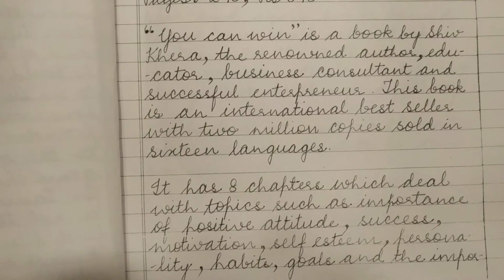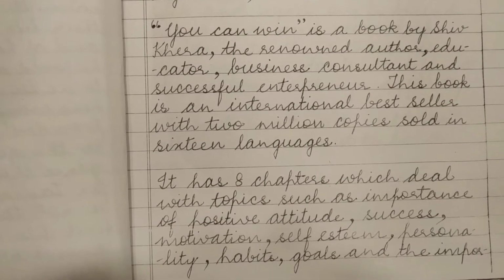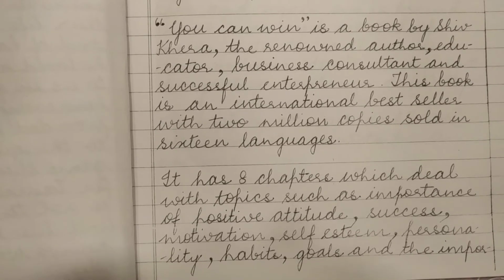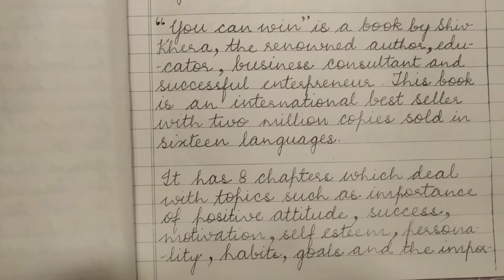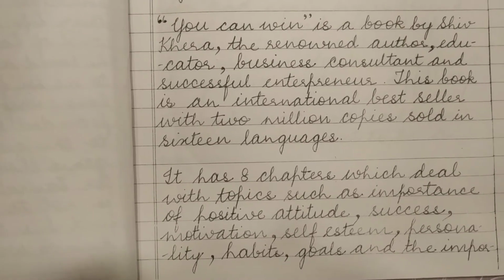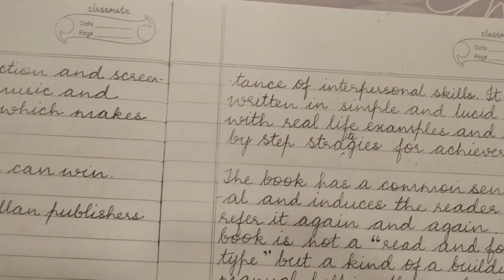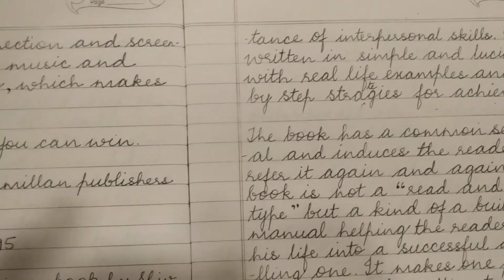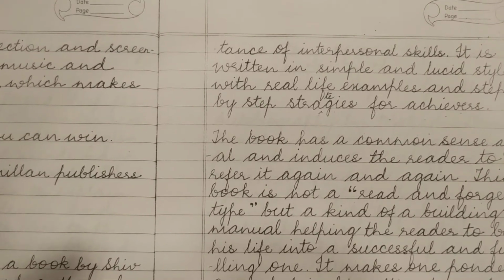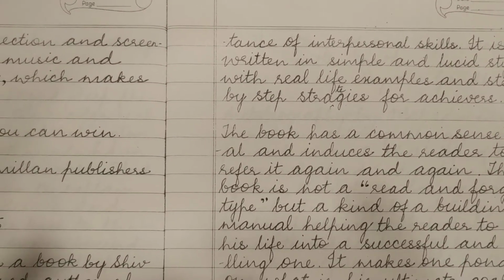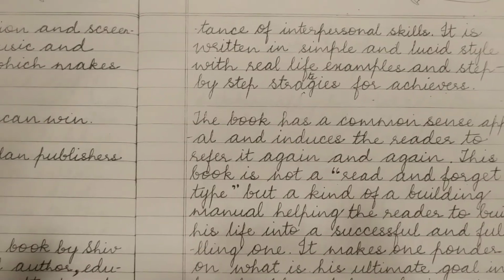It has 8 chapters which deal with topics such as importance of positive attitude, success, motivation, self-esteem, personality, habits, goals, and importance of interpersonal skills. It is written in simple and lucid style, with real-life examples and step-by-step strategies for achievers.